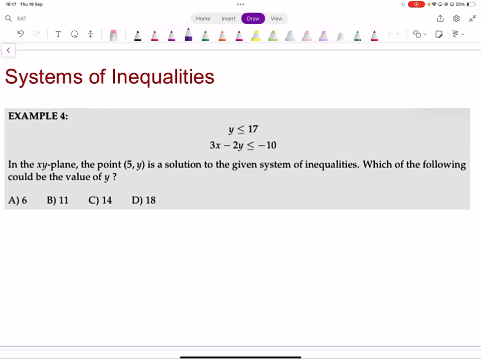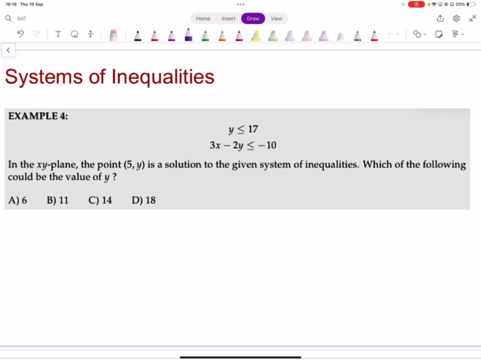How do we think about this? What's the solution? A, B, C, C.